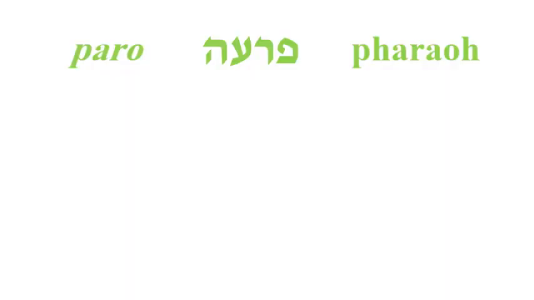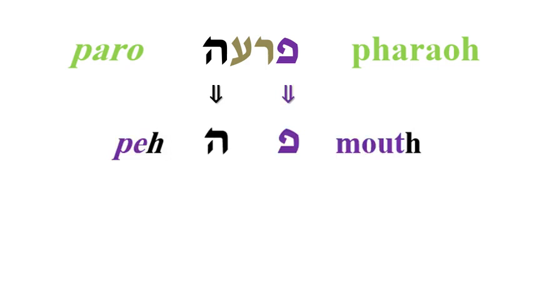Nice. So Moses goes to Pharaoh and tells him, let my people go. Well, Pharaoh begins with a pay. You can see pay, resh, ayin, hey, paro. And in his name, look, the first and last letter is a pay, hey. That's the word mouth.